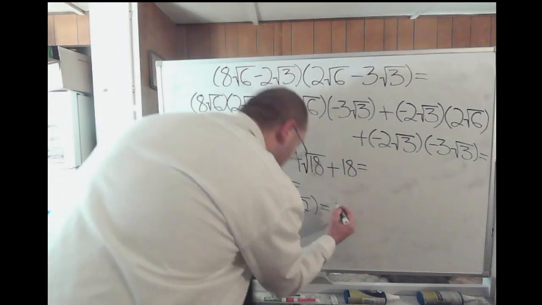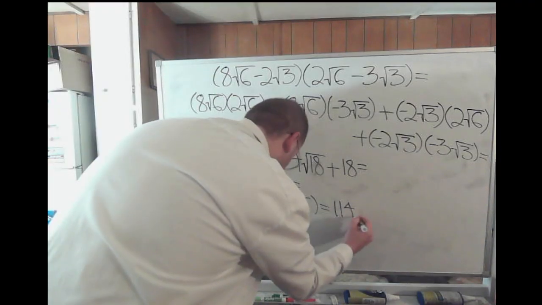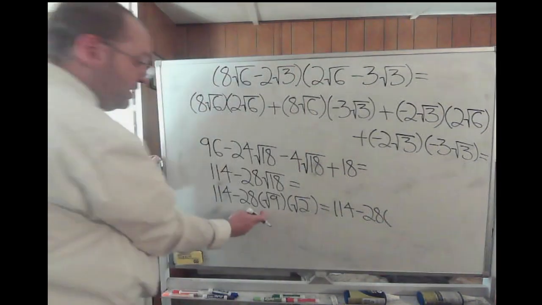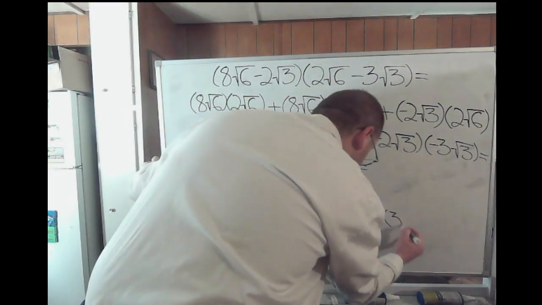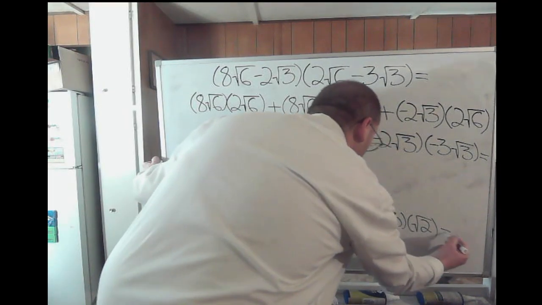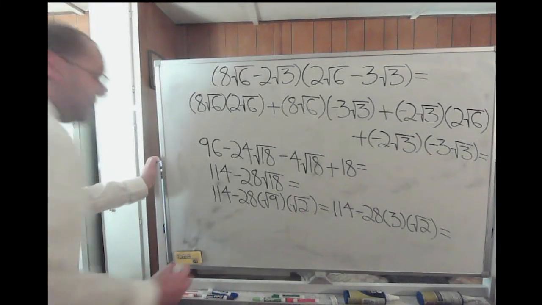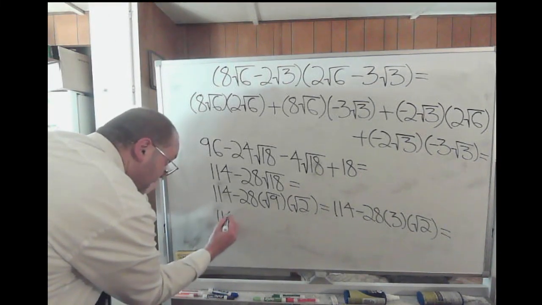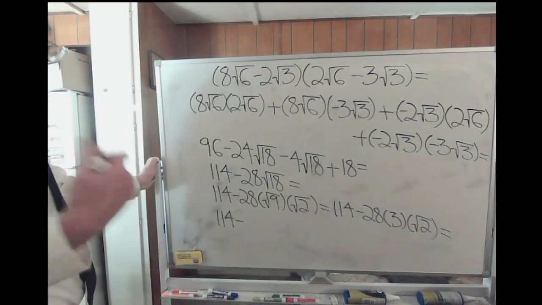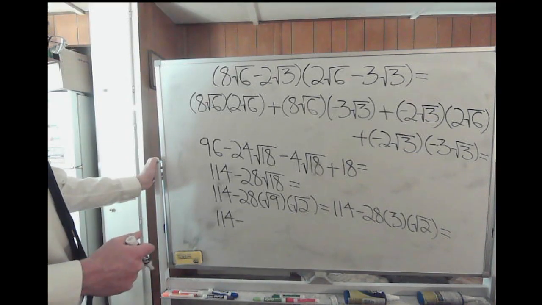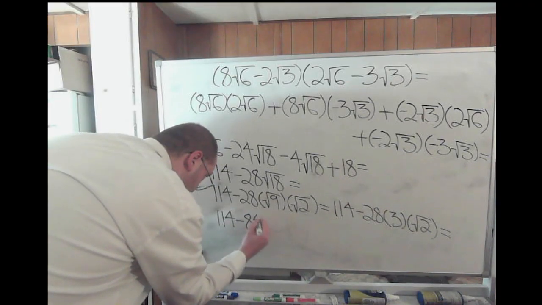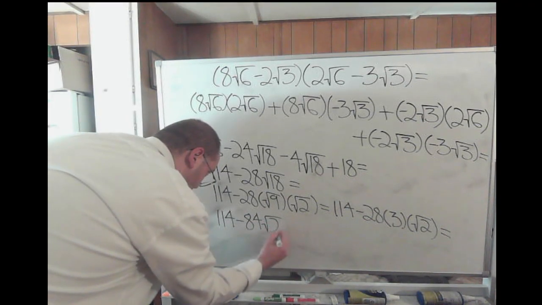Now your square root of 9, that's 3, so minus 28 times 3 times the square root of 2. Which, okay, now we have 114 minus 28 times 3. 28 times 3 is going to be 84. So that would be minus 84 times the square root of 2.